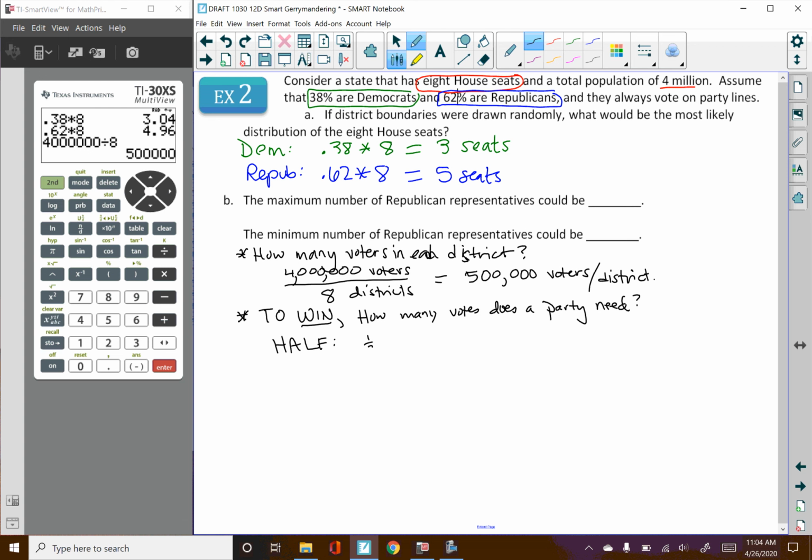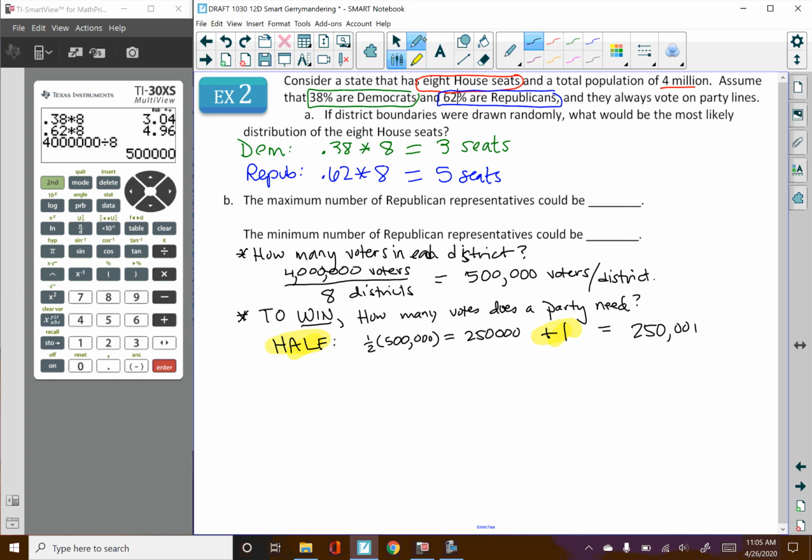So half of 500,000 is 250,000 plus 1, right? Because if it was exactly half and half, then it would be a tie. So we need half plus 1, which would be 250,001 votes. So figure out half and then add 1 to figure out how many votes to win.